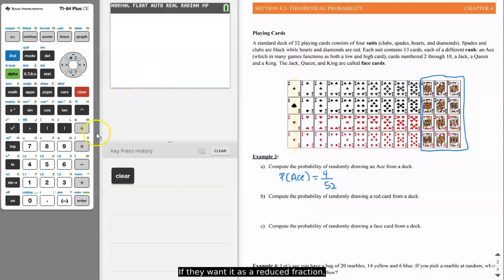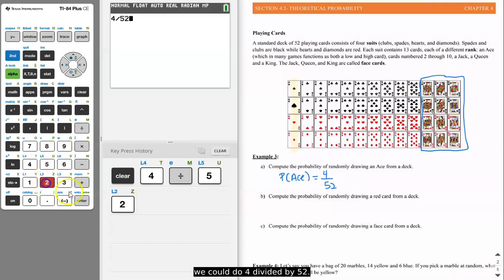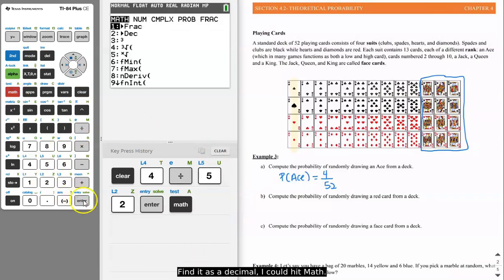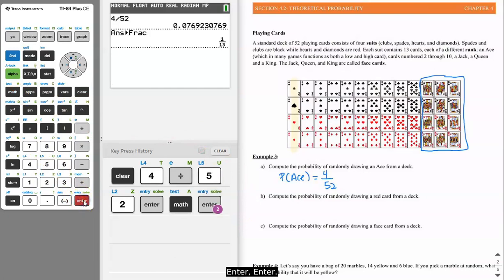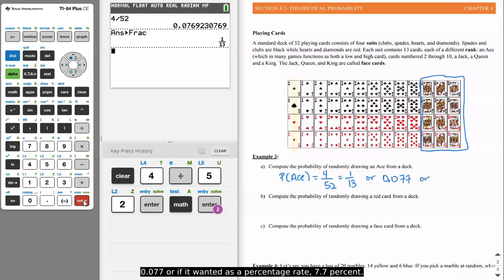If they want it as a reduced fraction, we could do 4 divided by 52. I could hit math, enter, enter. So 1/13 would be the probability as a fraction. As a decimal, 0.077. Or as a percentage, 7.7%.